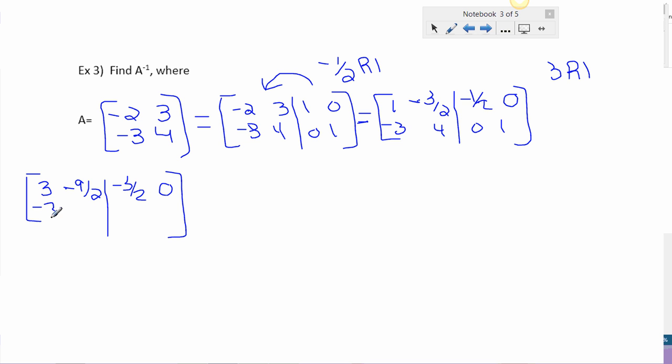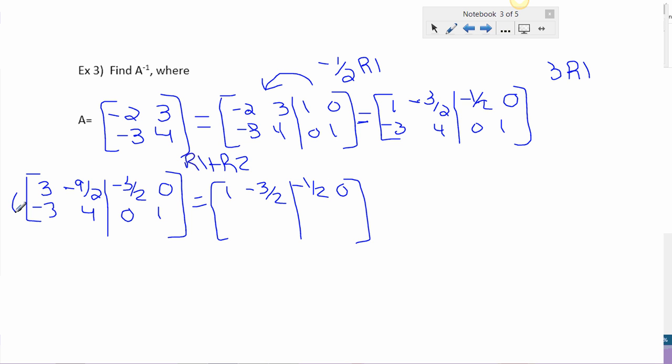And then row 2 is -3, 4, 0, 1. So let's go ahead and do row 1 plus row 2. And remember, I adjusted that row 1, so it goes back to what it was prior to my multiplication: row 1, 1, -3/2, -1/2, 0.